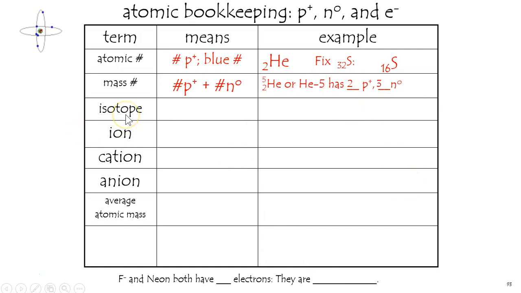This brings us to the topic of what is an isotope. I think that there's really 2 meanings of the word isotope. People use it in common language when they're referring to a single atom, right? If they refer to an atom such as this one, we call this the helium-5 isotope, that particular variant of helium that has 3 neutrons.